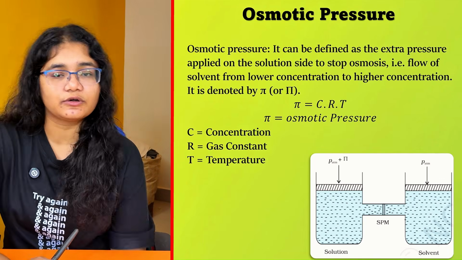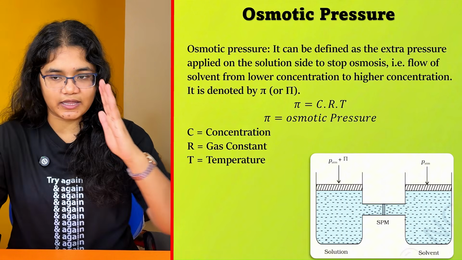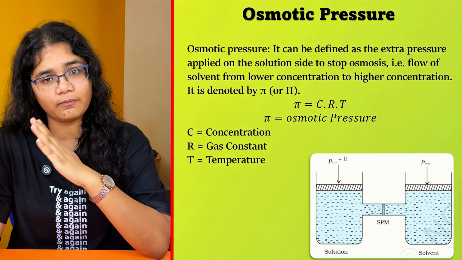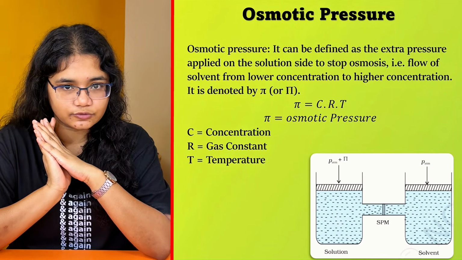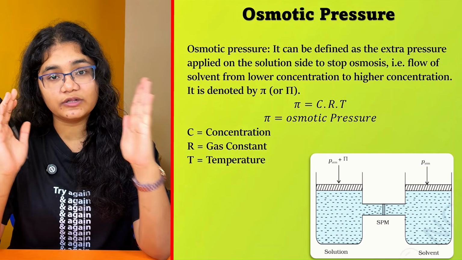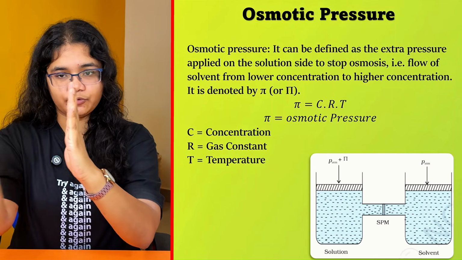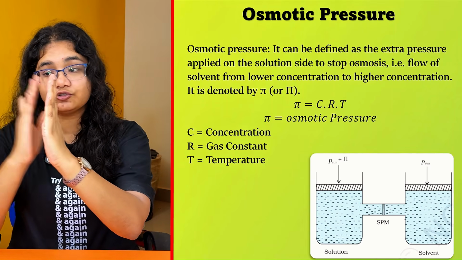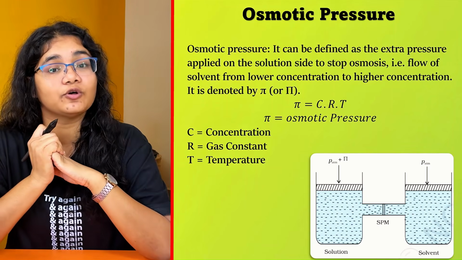Now we'll understand what is osmotic pressure. We have understood that when there's a concentration difference, the solvent particles will move from the diluted to the concentrated solution. Now if you apply pressure on the concentrated side, where the water is flowing from this side to this side, to stop the osmosis, then that is called osmotic pressure.